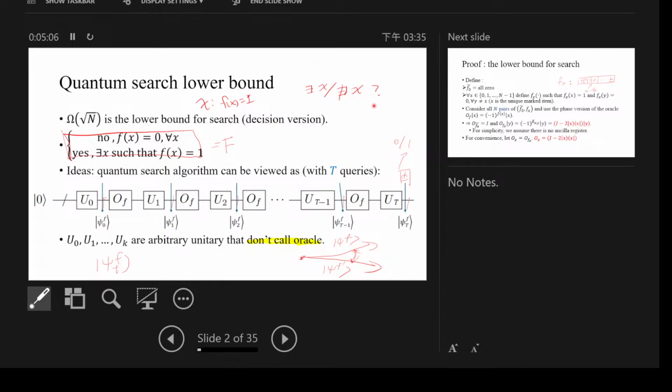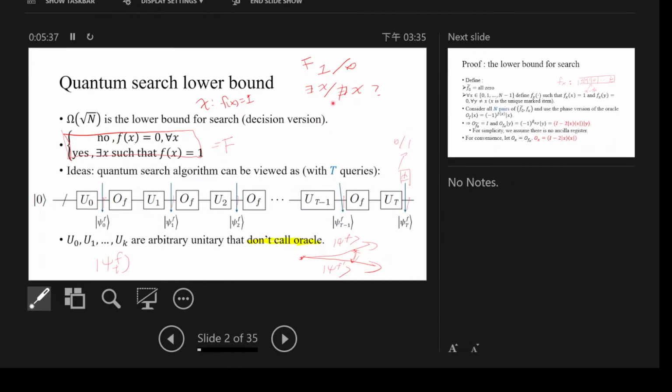So it's a decision problem with output 0 or 1. Let's say we have some big F, which decides your small f. This is big F equal to 0, this is big F equal to 1. You want to output 0 or 1.